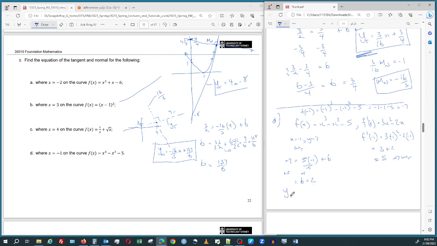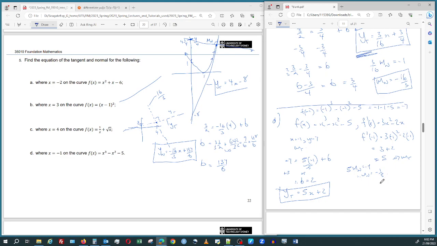So our tangent equation is 5x plus 2. Okay, so therefore Mn is equal to -1/5, and that'll be interesting.